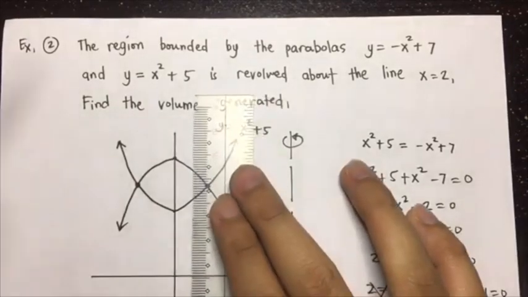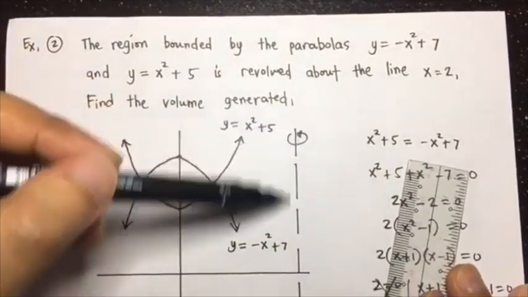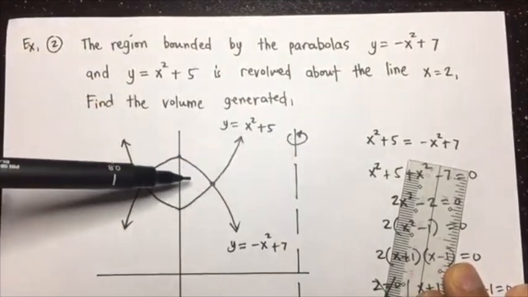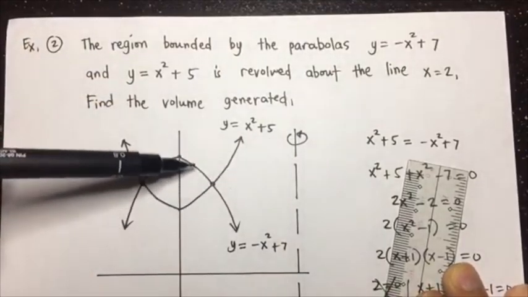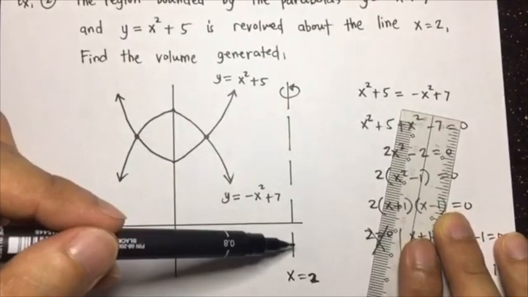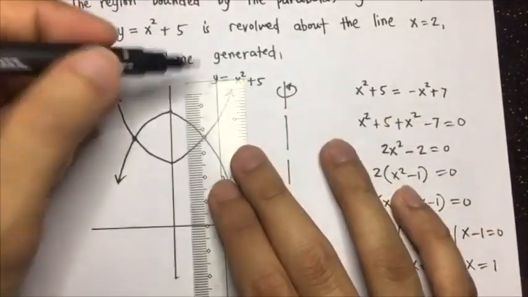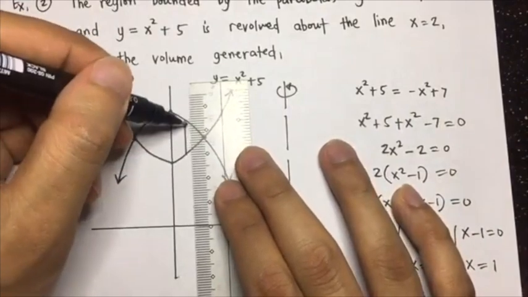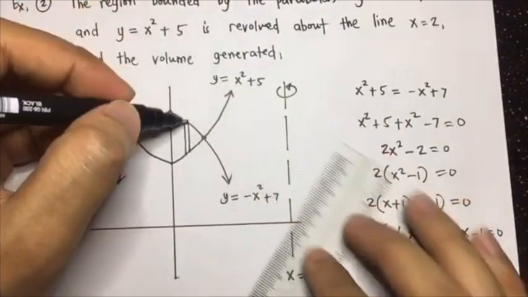Okay. For the shell method to work, the strip should be parallel with the axis of revolution. So in this case, we will be using a vertical strip because our axis is a vertical line.